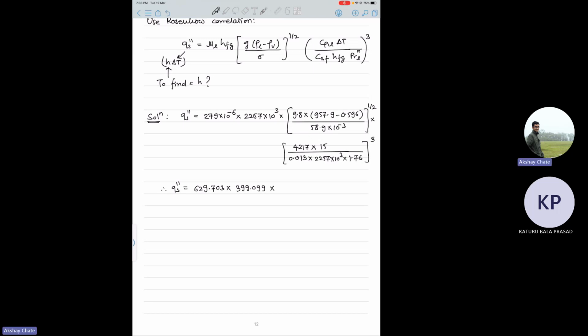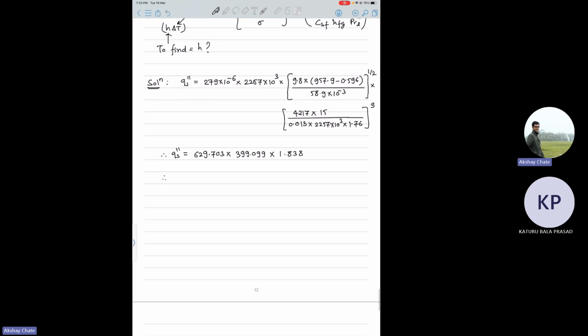So cube, this term is 1.838. So the final answer is 399.099 into 629.703. Therefore, your heat flux comes out to be 461,889.664. This is your flux.